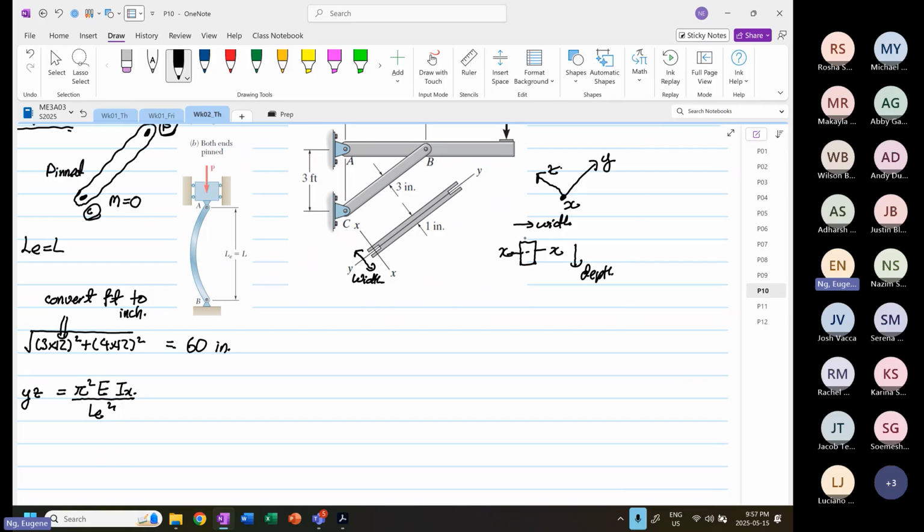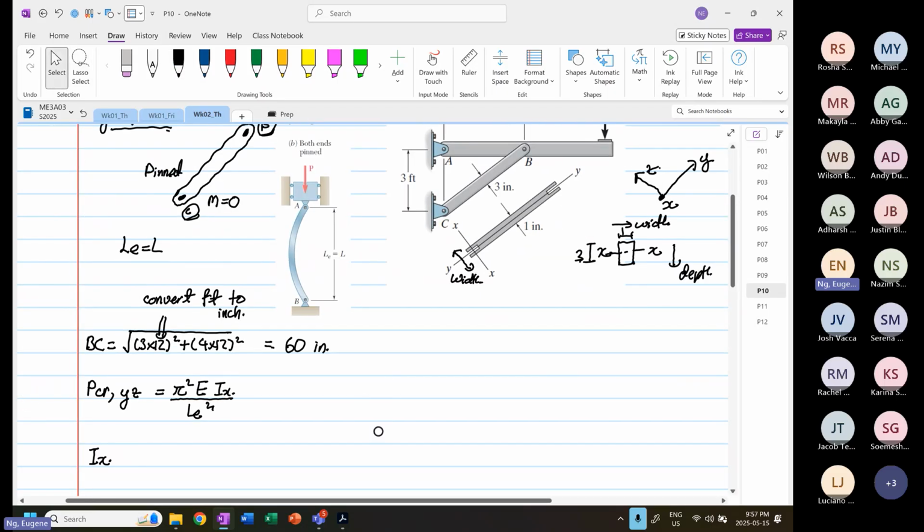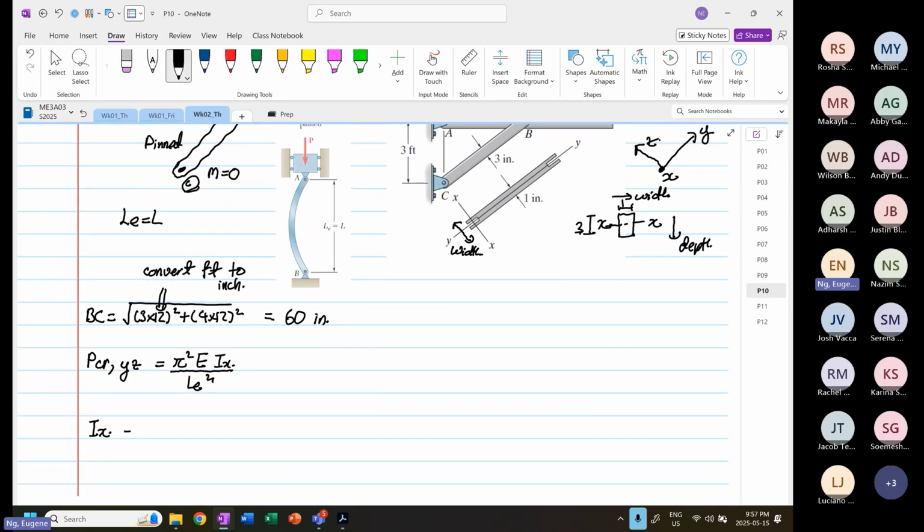The width is 1 and the depth is 3. So Ixx is equal to 1 times 3 cubed over 12, which is equal to 2.25.